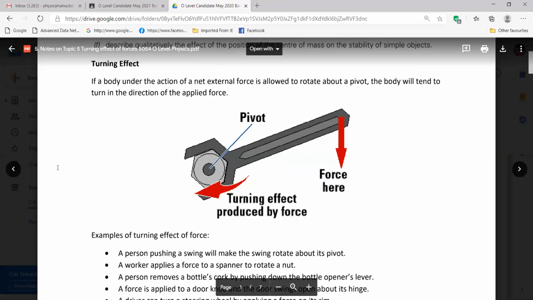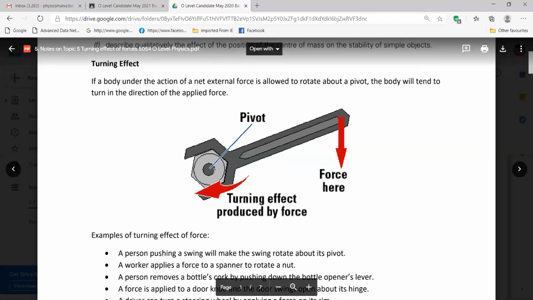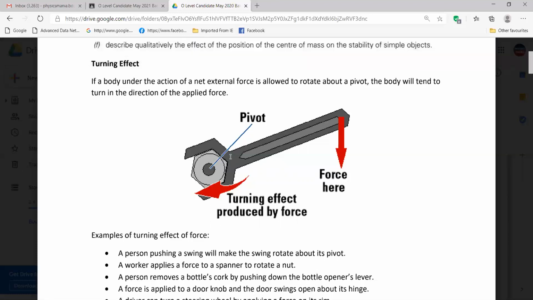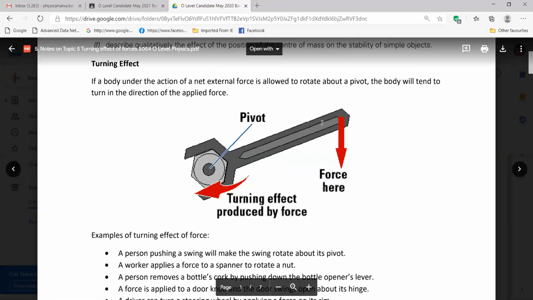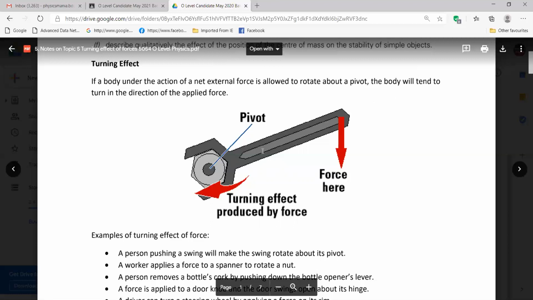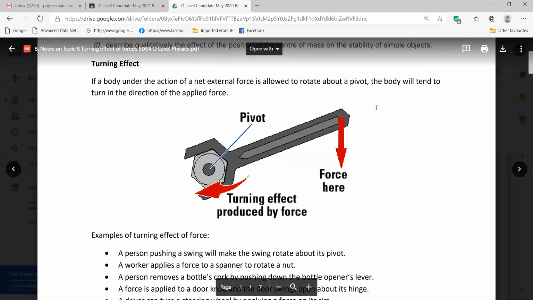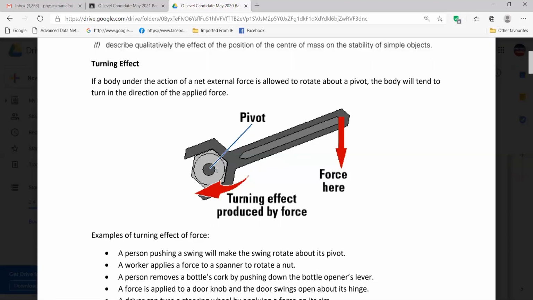Okay, and you see it is the pivot, and the spanner is giving you a very long handle. The more long handle we get, the more distance from the pivot, right? If you get more distance, then you get greater moment. You can open this screw easily.